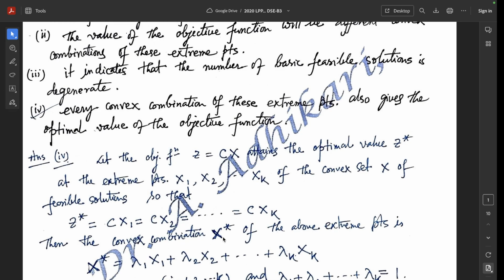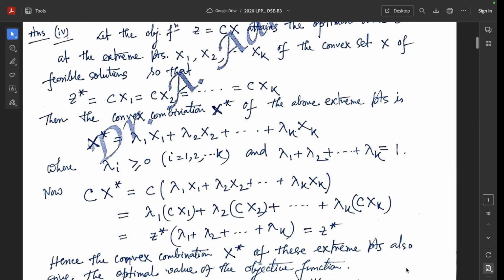Then the convex combination x star of the above extreme points is x star equal to lambda 1 x1 plus lambda 2 x2 plus lambda k xk, where lambda i greater than or equal to 0, i from 1 to k, and lambda 1 plus lambda 2 plus lambda k equal to 1.